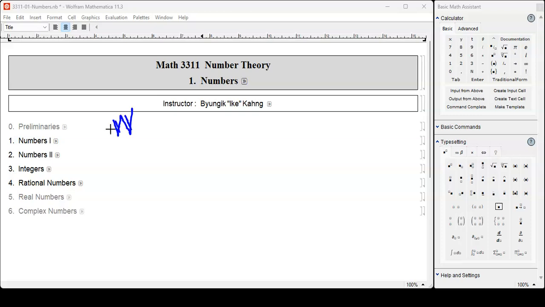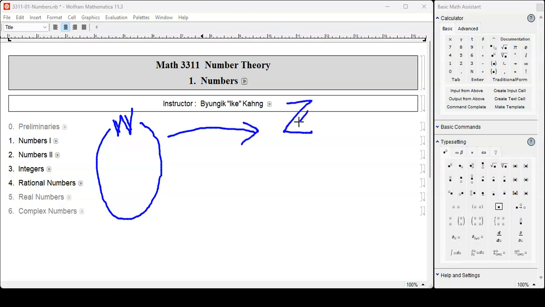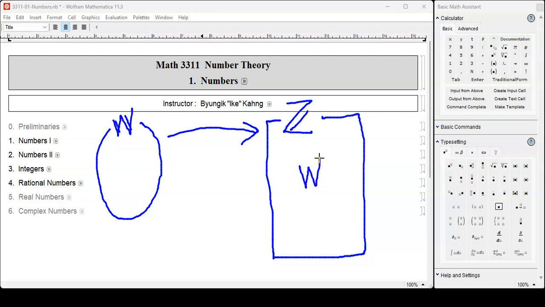Starting from W, and then using this equivalence relation, we built Z. And then inside, we have a copy of W. Here we have n, here n minus 0, basically, or it can have other expressions too.